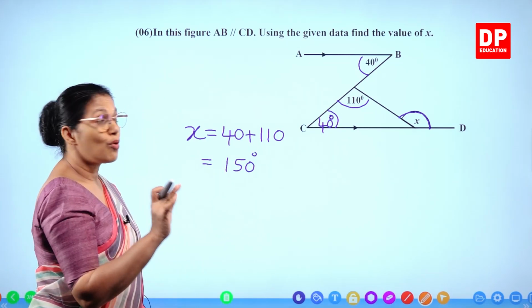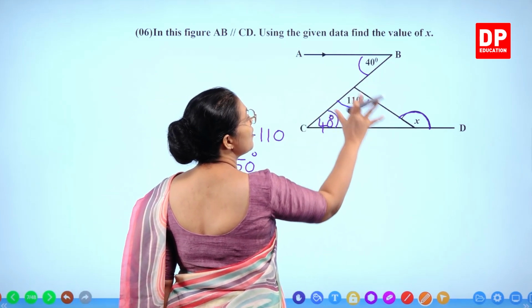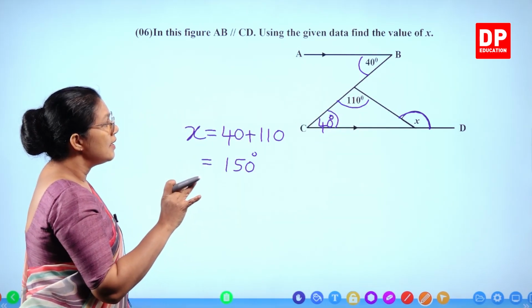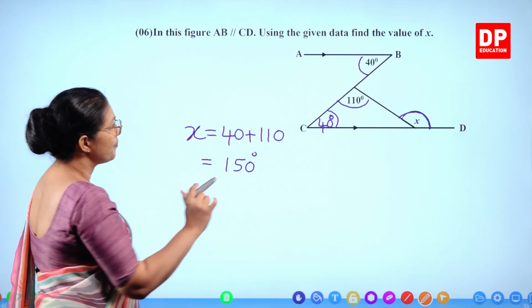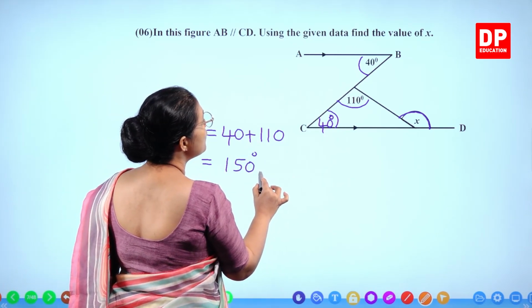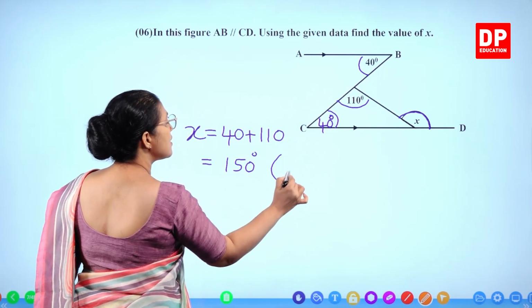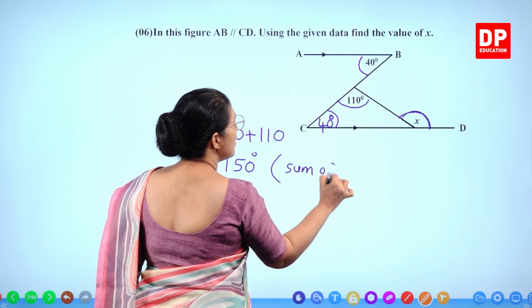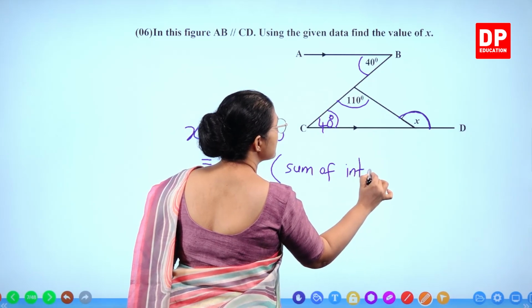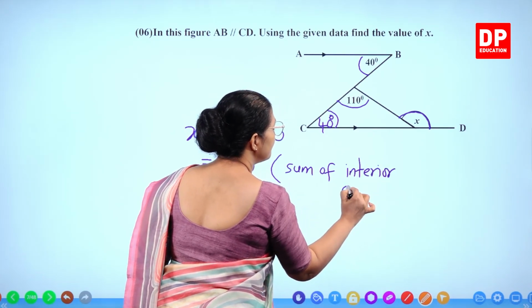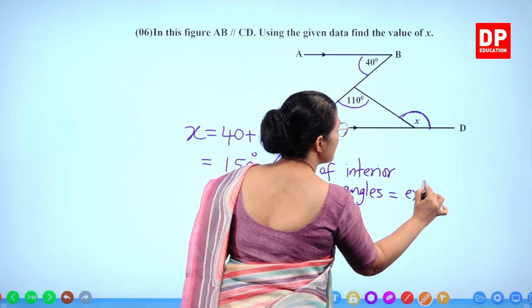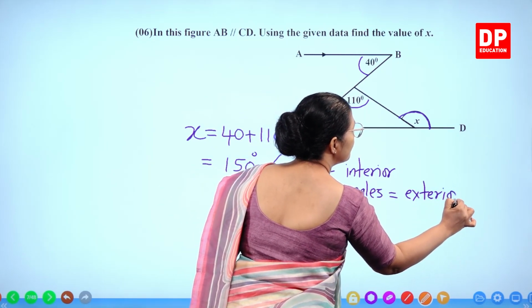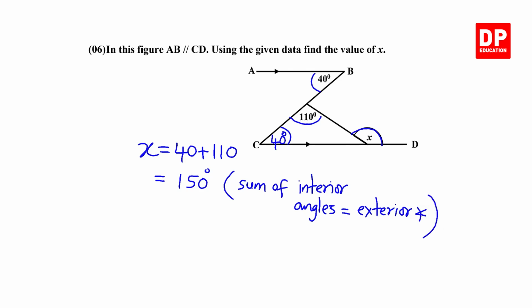You can show all the workings on the paper so that you will get marks. So here 150. You can write: sum of interior angles is equal to exterior angle. You get 2 marks for that.